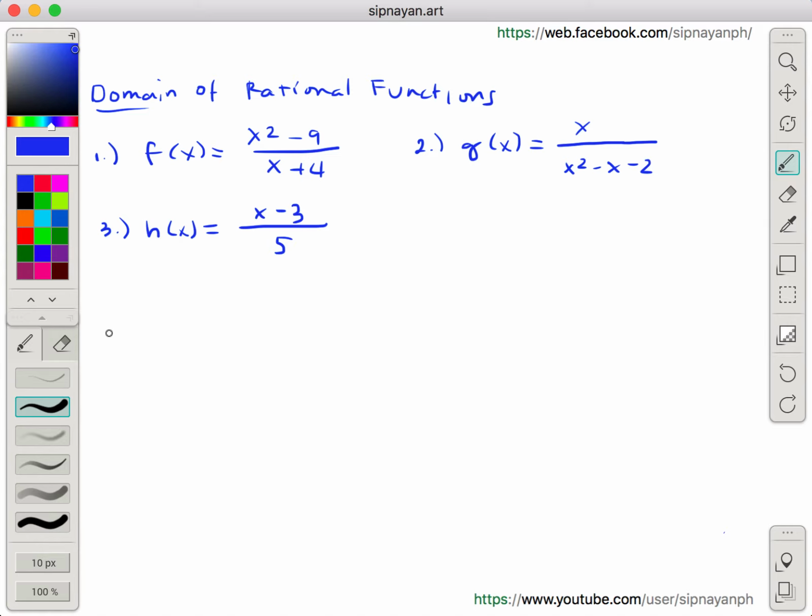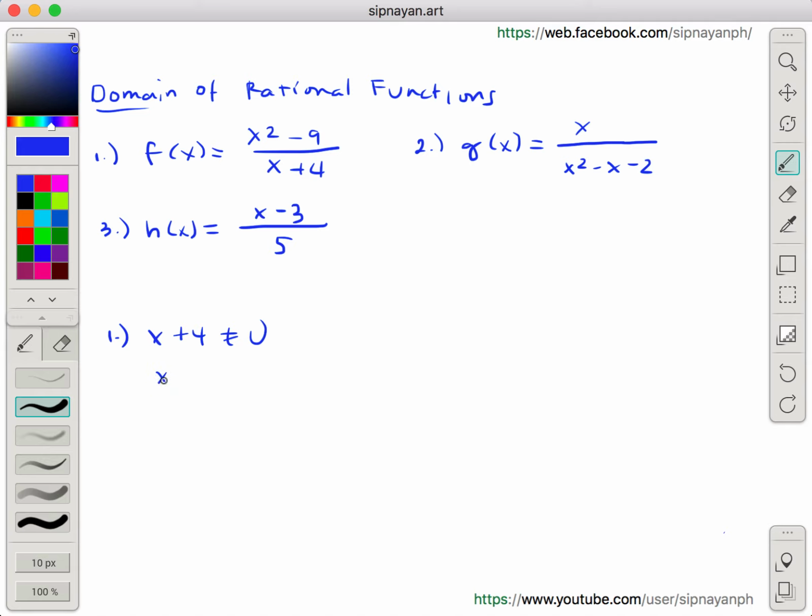So for example, dito sa number 1, we have the x squared minus 9 over x plus 4. Ibig sabihin, value ng x that will make the denominator equal 0, hindi siya kasama dun sa domain. So for example, we have x plus 4 must not equal to 0 dito sa first example.